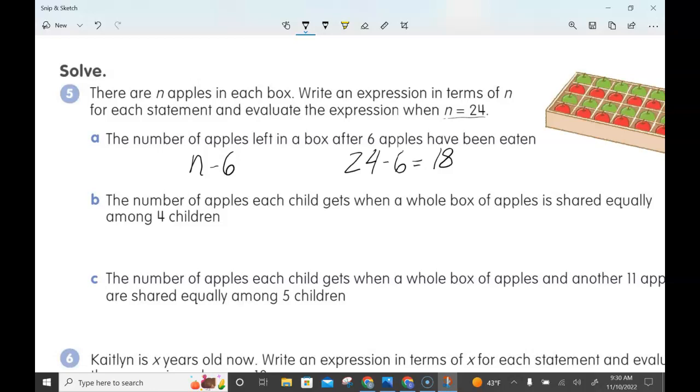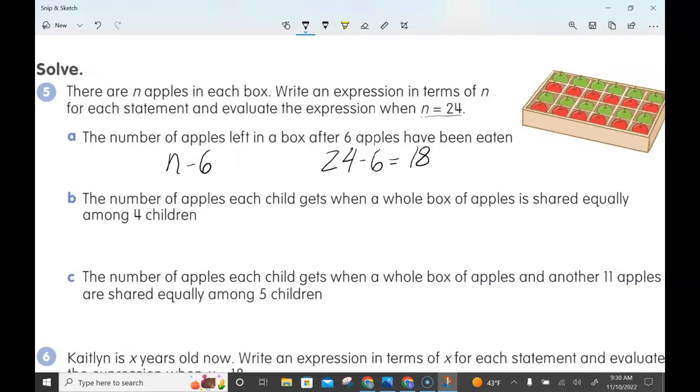Now let's take a look at another one that would represent division. The number of apples each child gets when a whole box of apples is shared equally among 4 children. So the whole box of apples is n. It's going to be divided amongst 4 children.